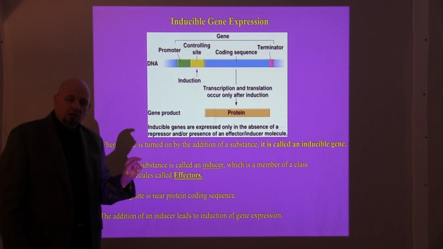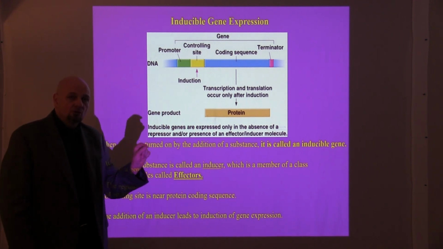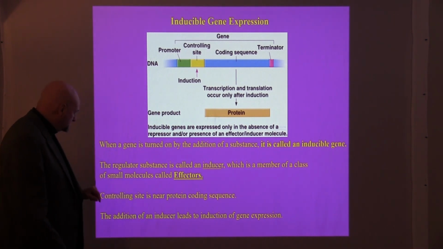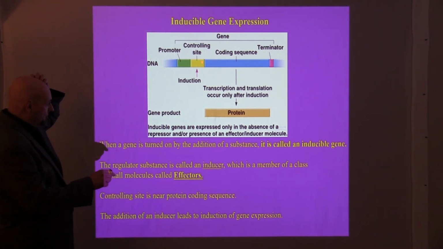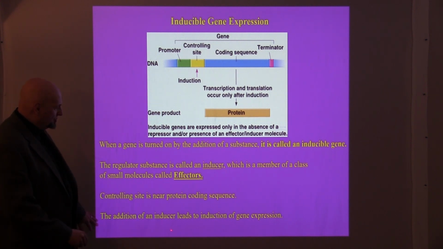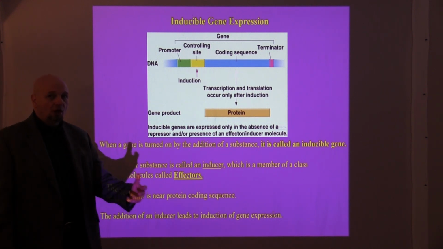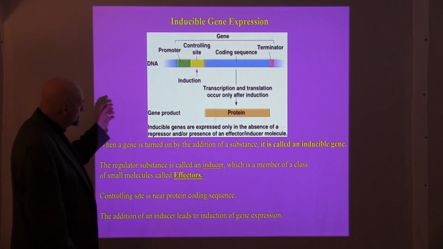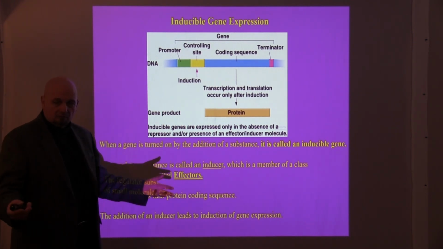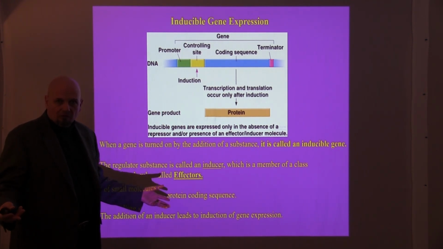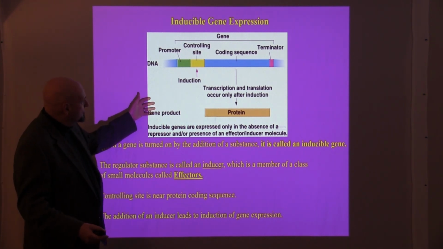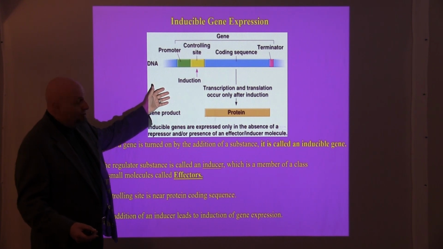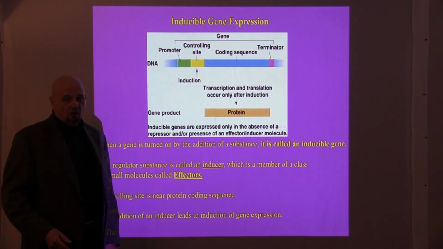And in this particular case, it is an inducer. It induces gene expression. The controlling site is near the protein coding sequence, and the addition of the inducer leads to the induction of gene expression. So when that inducer or effector, which we'll be talking about as allolactose in our first case, comes in, it acts as an inducer and it induces gene expression.